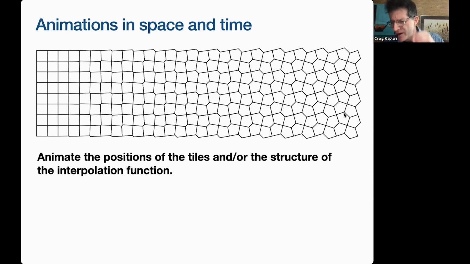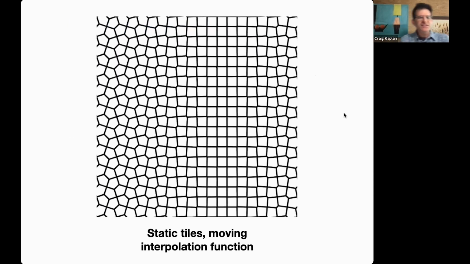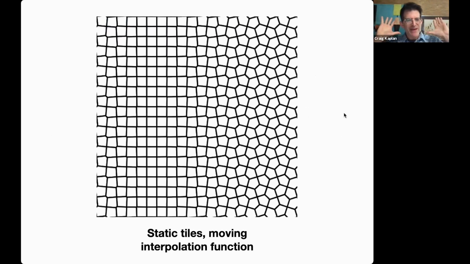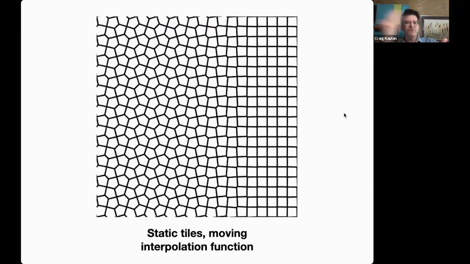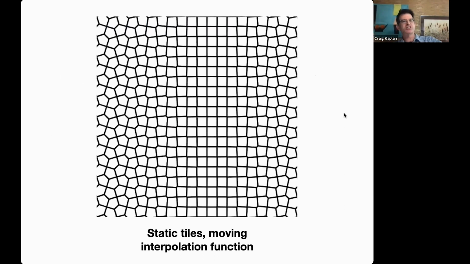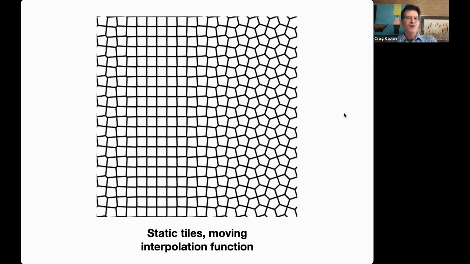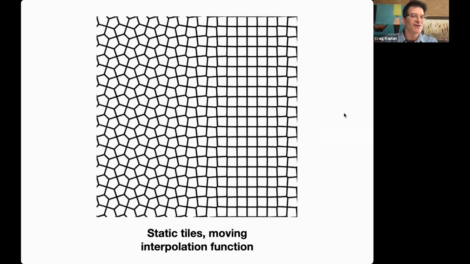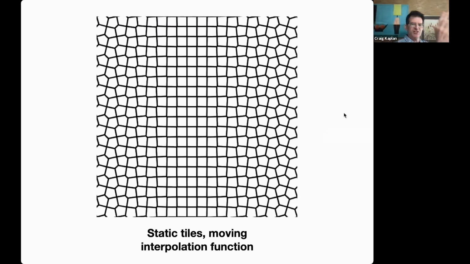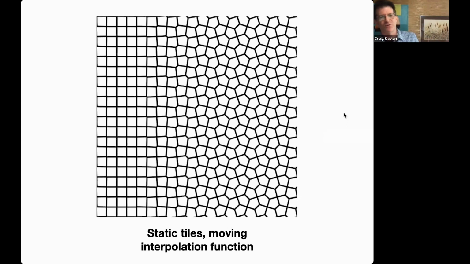Here are a couple of very preliminary demonstrations of that. So in this example, the tiles are remaining absolutely fixed in space, and the interpolation function is like a sine wave sliding over them. So you can see that the Cairo-ness of the tiles slides over the squares to the left and keeps moving past it in waves.